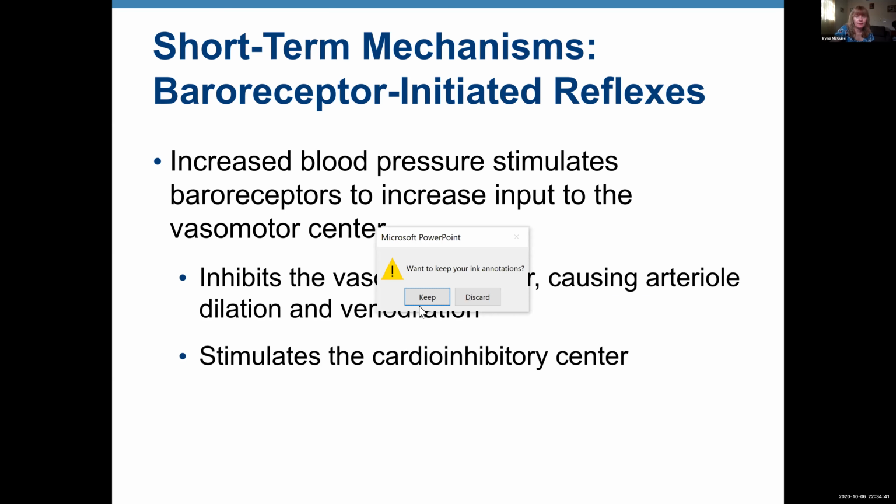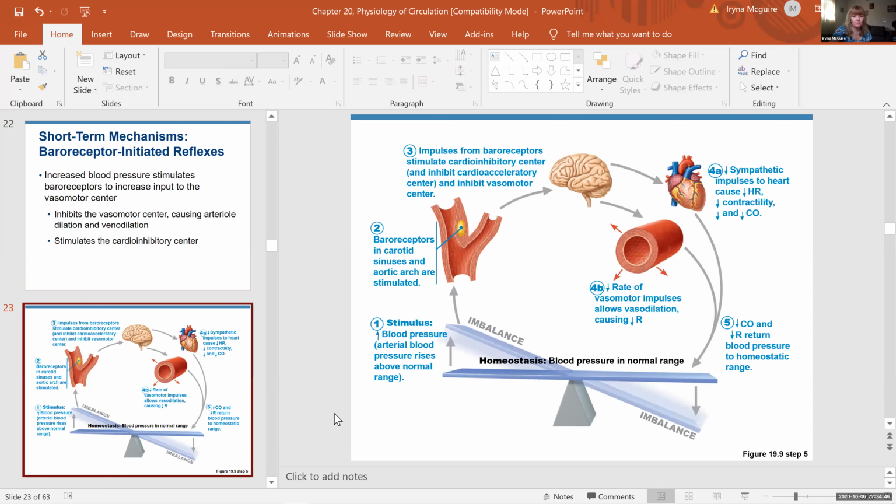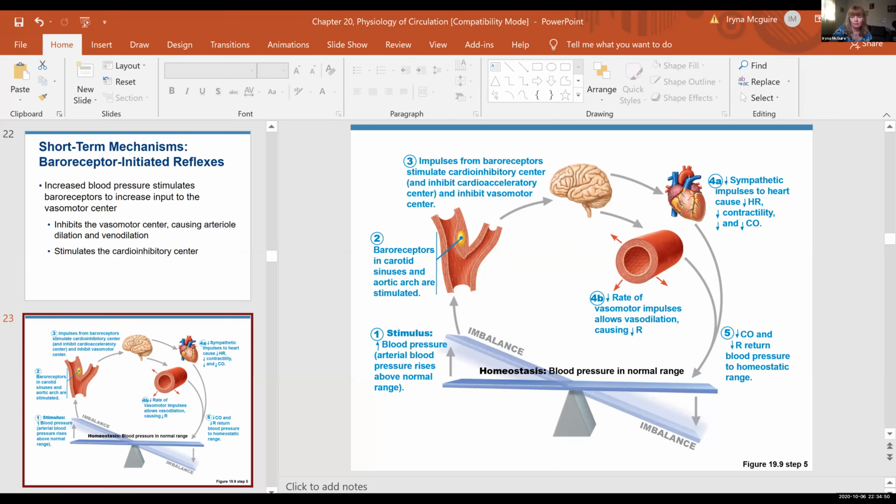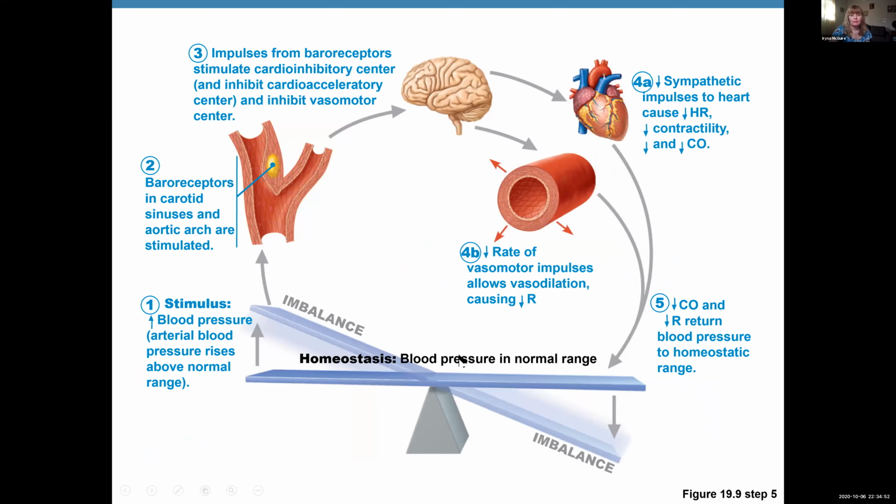So, and now let me just go to the picture, right? So here's the picture. Here's our homeostasis, blood pressure in normal range. So we're gonna control this blood pressure. We're gonna do neural control, right? Neural control through the neurons.